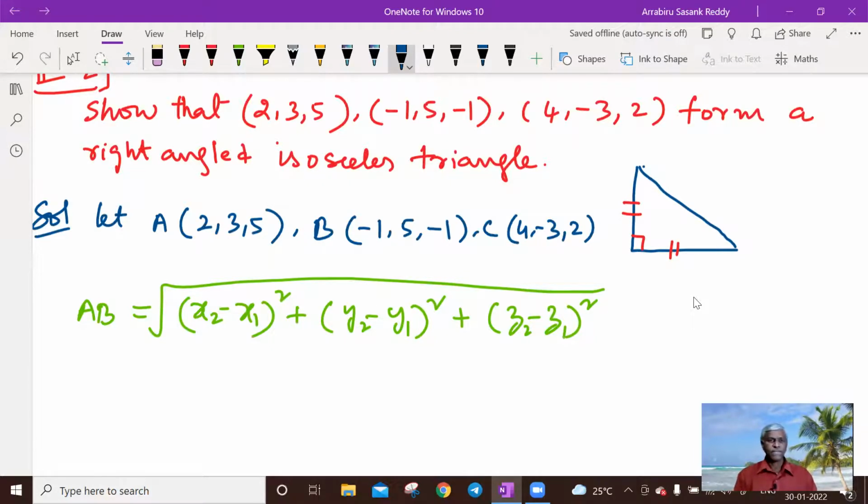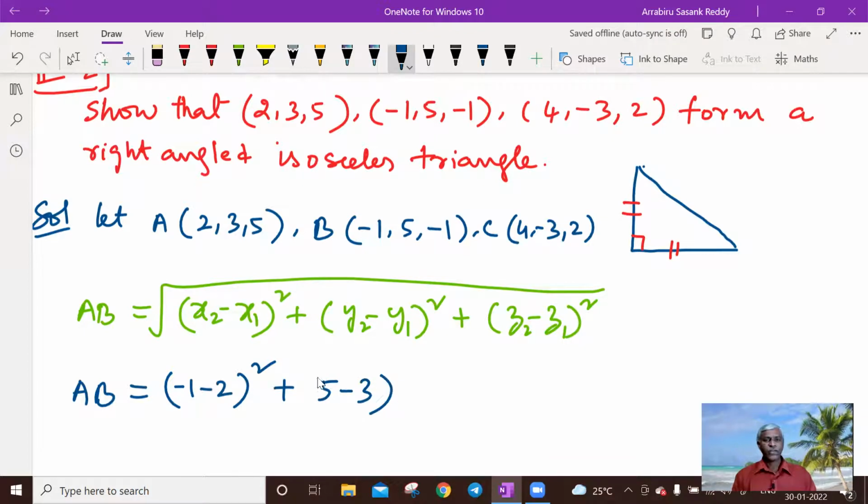So now let us take the first 2 points. x2 minus x1, minus 1 minus 2, whole square. y2 minus y1, 5 minus 3, whole square. z2 minus z1, minus 1 minus 5, whole square, all under root.